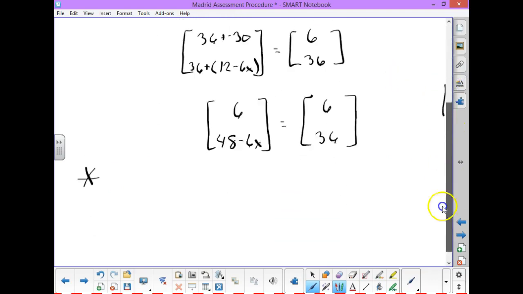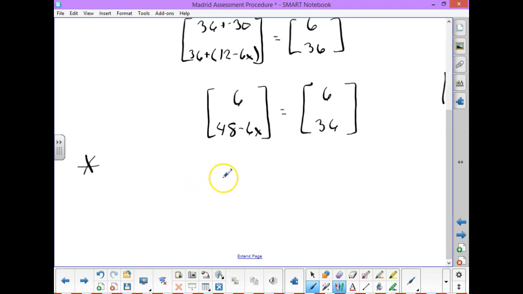I can continue with this notation, probably towards the end at least, so we can return to matrices. But for right now, since the top's done, really this equation is my only focus. So I got 48 minus 6x equals 36.